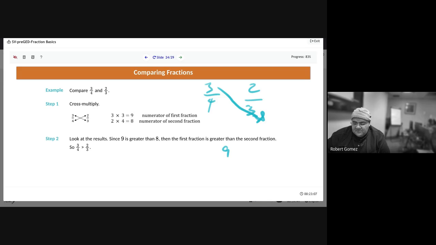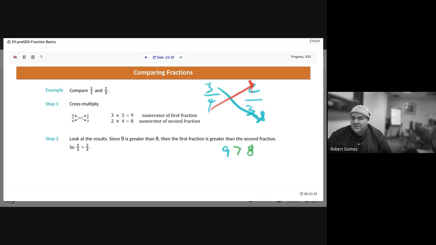And then we're going to take 4 times 2, and that's going to give us 8. So now we're comparing 9 and 8. And since 9 is greater than 8, but what the heck does this have to do with our fraction?